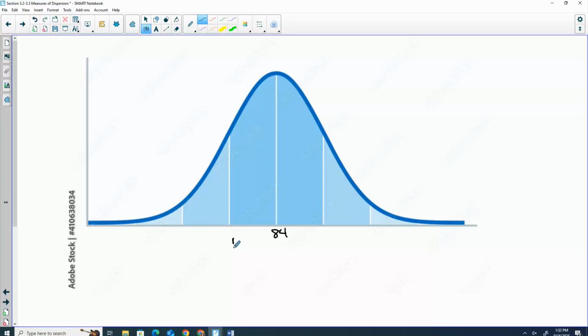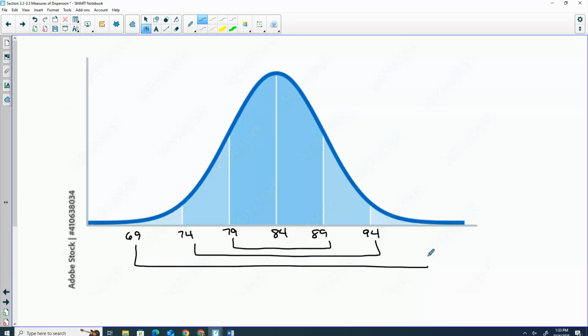Okay, so for our first standard deviation, 79 to 89. Second standard deviation, and third standard deviation would go from 69 to 99. Okay, you guys understand how we got those?